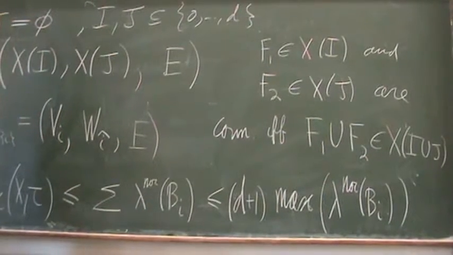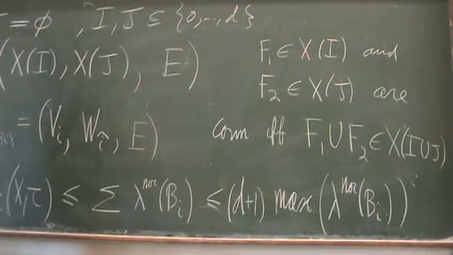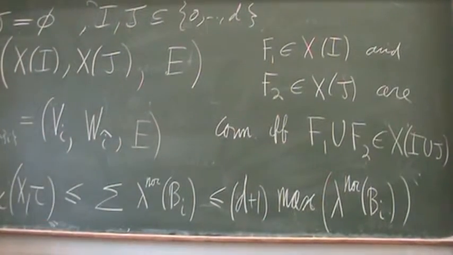So I'm looking at this bipartite graph of one color against all the others. I have d plus 1 bipartite graphs like that, and their eigenvalues will bound the discrepancy.